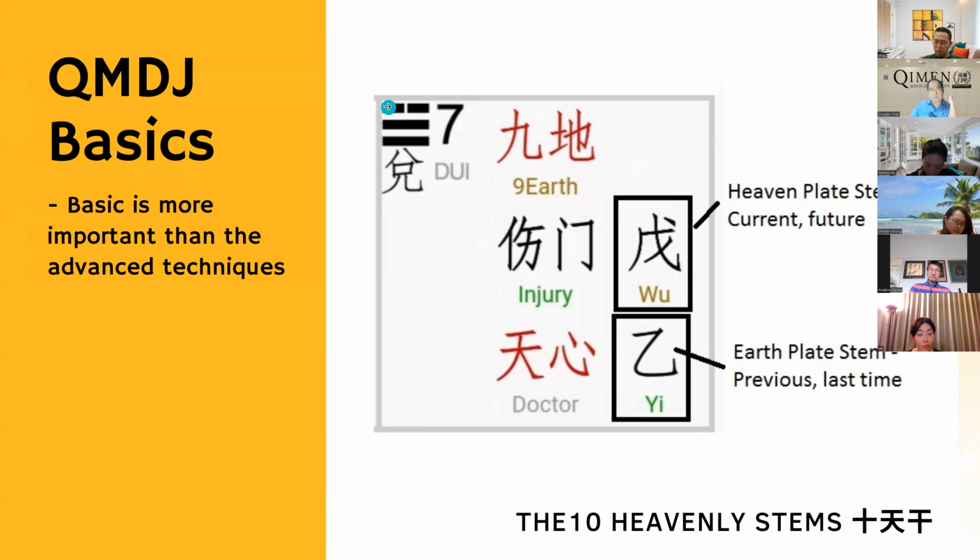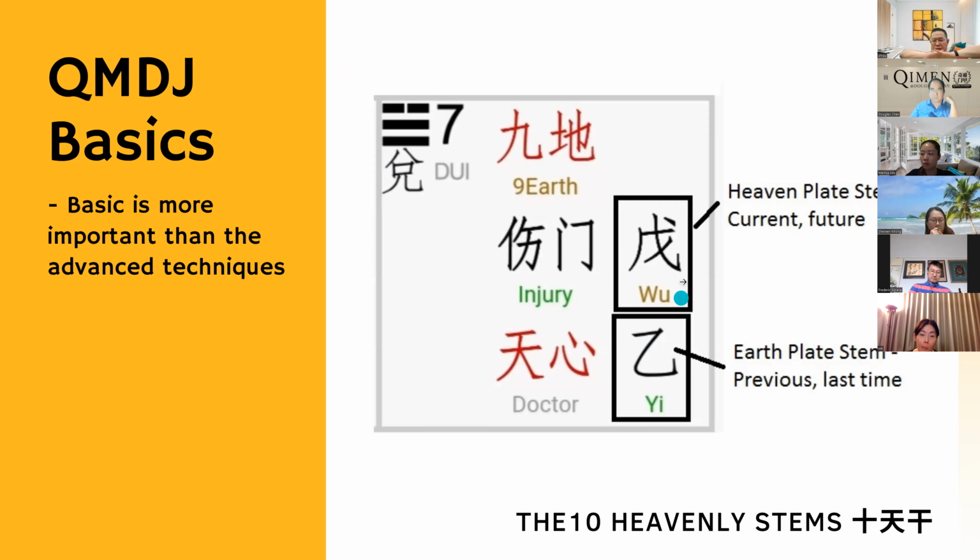When we look at one of the pillars, one of the boxes, all these are different symbols to represent different things. Here are the trigrams, here is the number, here is the element. And these two symbols over here are called the stems.